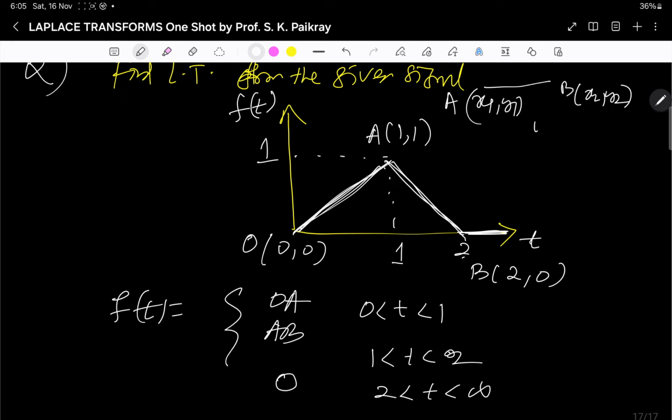What is the equation of the line? y minus y1 is (y2 minus y1) by (x2 minus x1) into (x minus x1). Here y is your f(t). So if you solve it, this will give you 2 minus t, and for OA it will give you t.